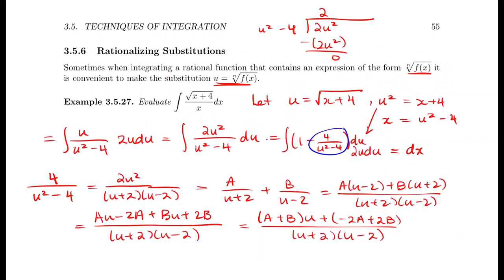So that means we could write this as 2 and then minus this expression here. Oh, sorry. No. It's going to be the other way around. So we have 2u squared, and we have u squared minus 4.